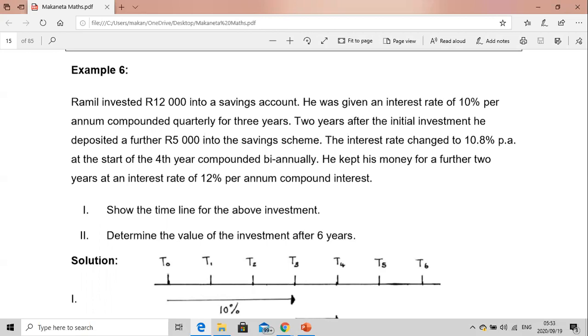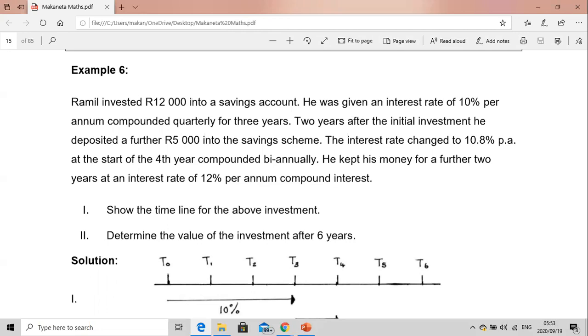And of course, you can see that another 5,000 rands was deposited into the savings scheme where the interest rate changed to 10.8% per annum. So of the fourth year, this is now compounded biannually.